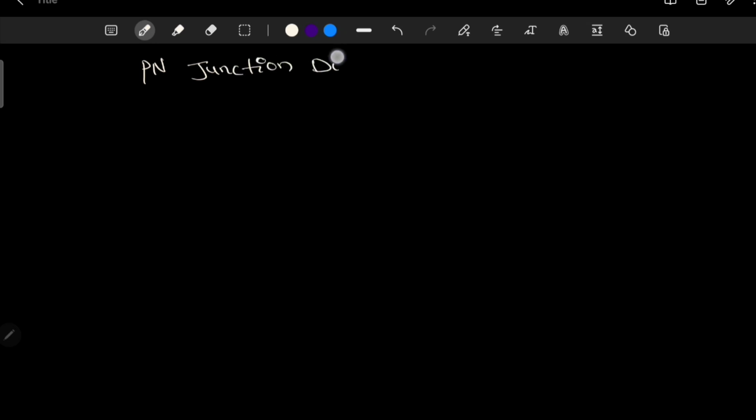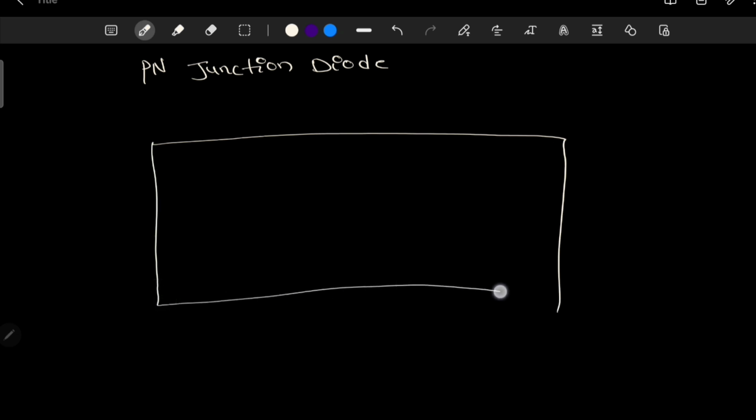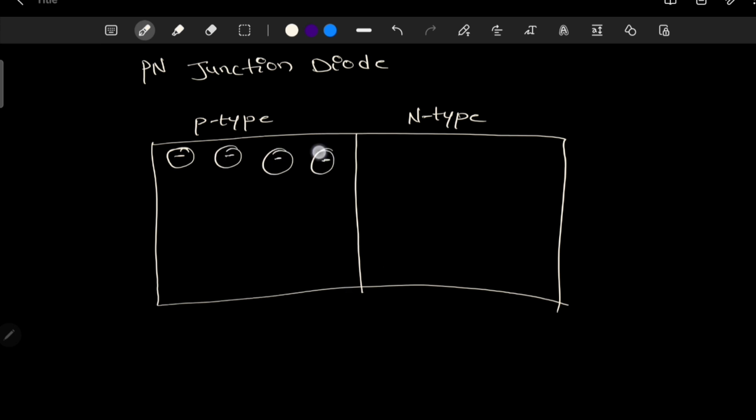So here I am showing the formation of the PN junction diode. So let's consider one P type and one N type. Here I am considering P as left side and N as right side. We already know this P type has the negative immobile ions. I already told why it has the negative immobile ions, because it accepts one electron.